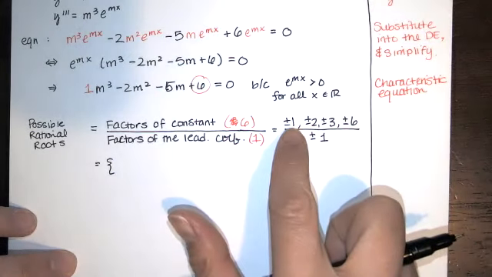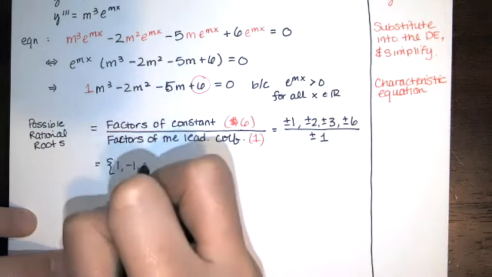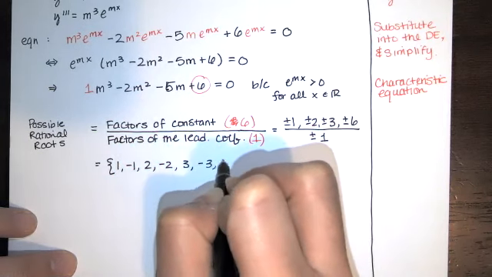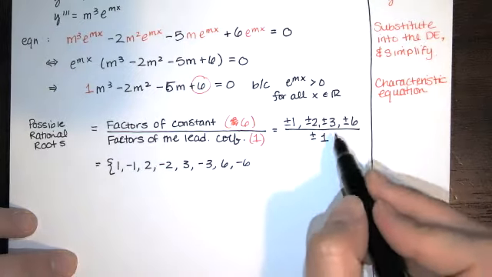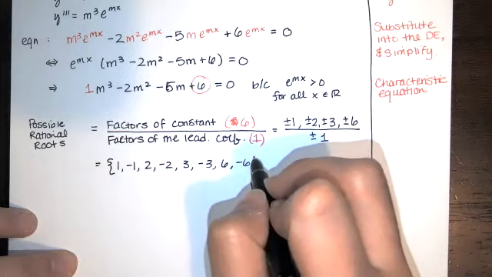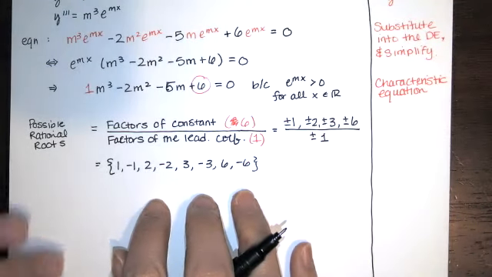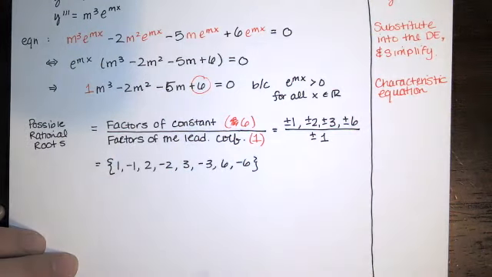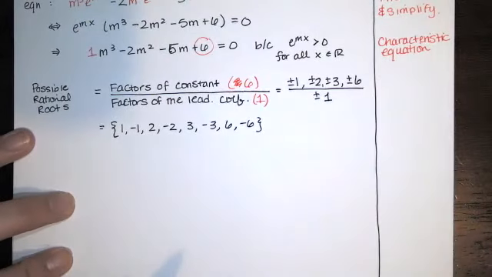It's just positive and negative 1, positive and negative 2, positive and negative 3, and positive 6 and negative 6. You're taking each of those and dividing by plus or minus 1, but dividing by plus or minus 1 doesn't actually do anything. So we get these as possible rational roots, and we just need one of them to start so that we can factor out the factor that corresponds to that root.